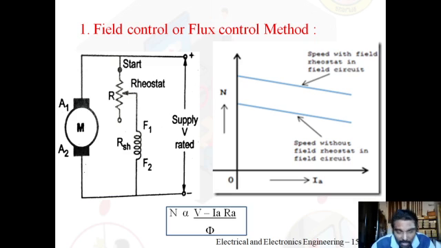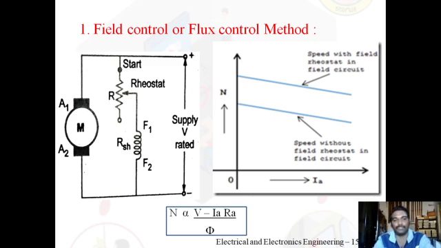And what is the amount of torque produced? That we have already seen from the equation: 0.159 Z Ia into P by A. While discussing the torque-current characteristics of different motors, we saw that the torque produced by the armature is equal to 0.159 Z Ia into P by A. The direction of torque produced, or the force experienced by the conductor, is given by Fleming's left hand rule.